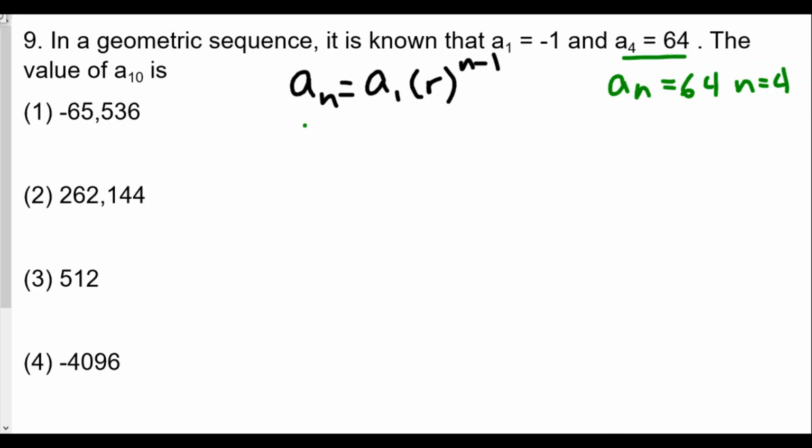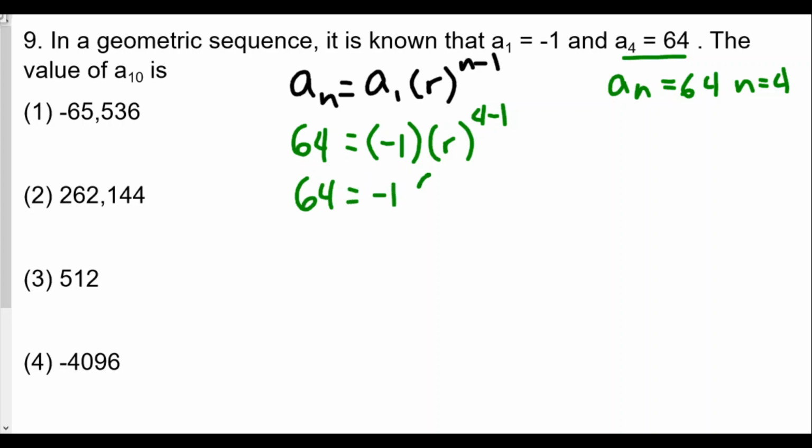So we have 64 equals -1 for A1 times R, and the n value is 4, so it's going to be 4 minus 1. Simplifying, we have 64 equals -1 times the R value raised to the third power. Divide both sides by -1, so -64 equals R to the third.